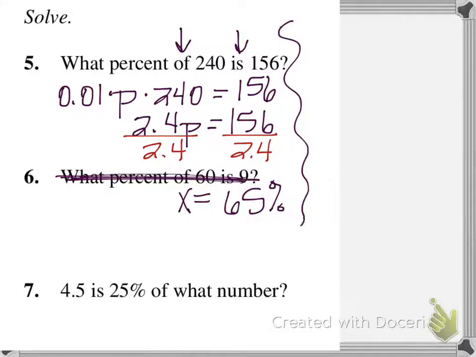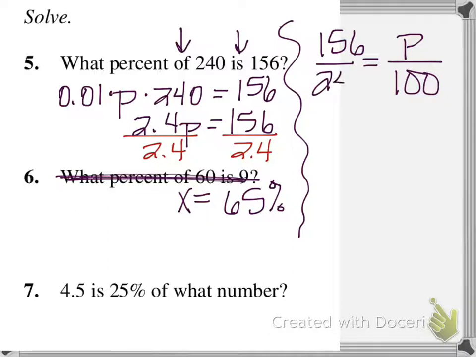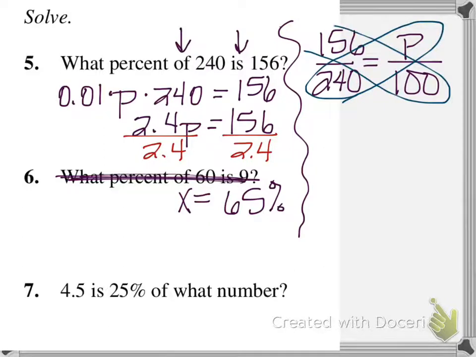The other way you can set this problem up is to use the percent proportion. That's the is over of equals percent over 100. The way I would set that up: I know I'm looking for the percent. The is is 156. The of is 240. When I solve a percent proportion, or any proportion, we find what we call the cross products and set them equal to one another.